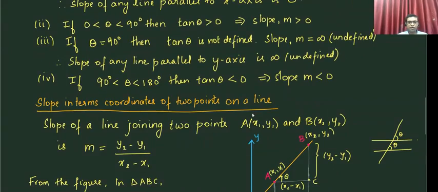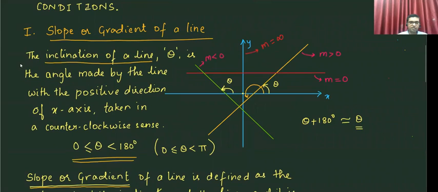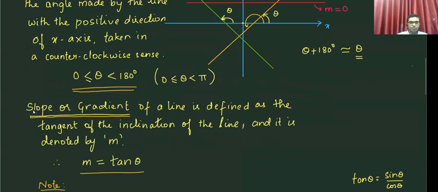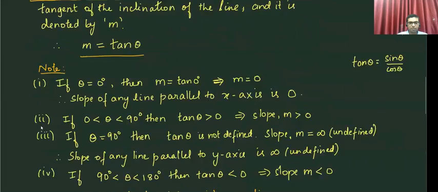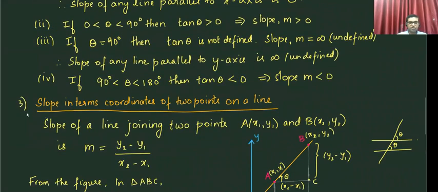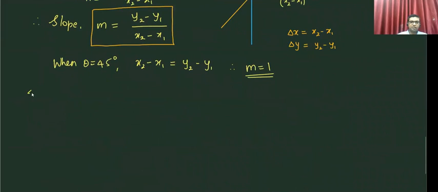Slope in terms of coordinates of points, I will write like this. I will renumber these as subpoints within slope: subpoint 1, subpoint 2, subpoint 3, subpoint 4.